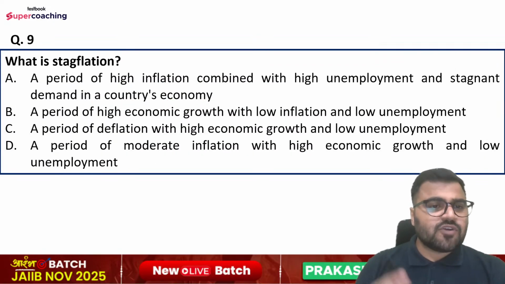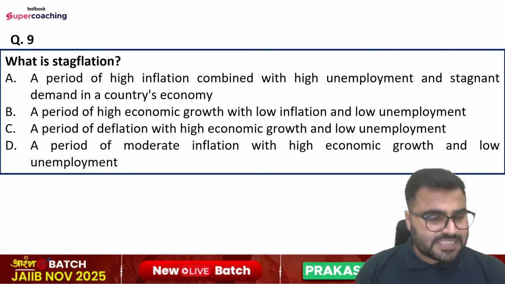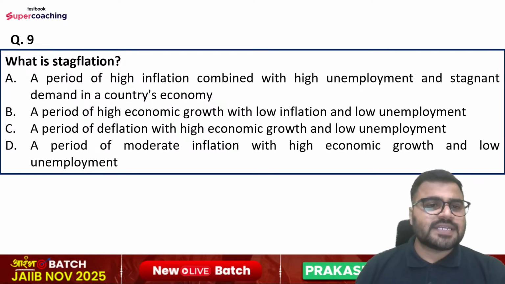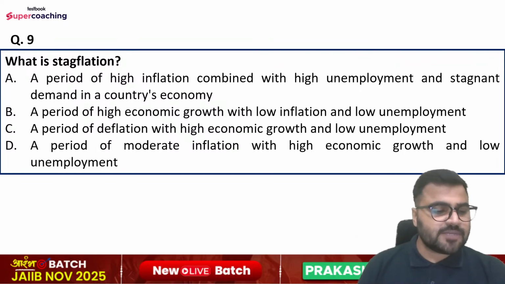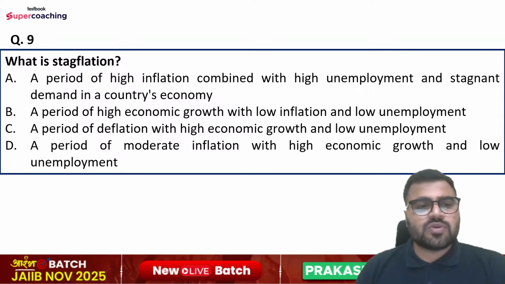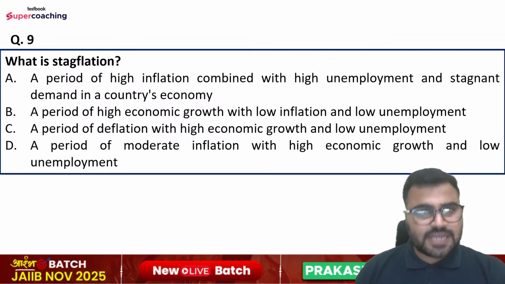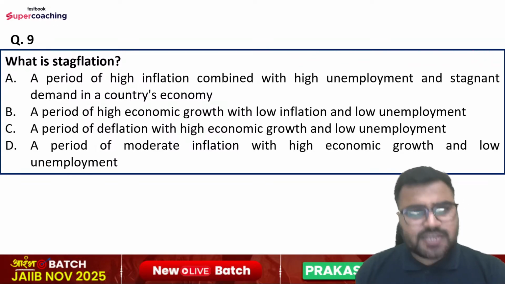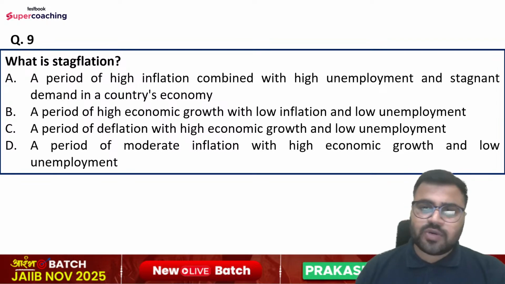Question number 9 is what is stagflation? Stagflation. So this is made up of 2 terms, stagnation and inflation. Got it? The mixture of which is known as stagflation. So options are a period of high inflation combined with high unemployment and stagnant demand in a country's economy, a period of high economic growth with low inflation and low unemployment, a period of deflation with high economic growth and low unemployment, a period of moderate inflation with high economic growth and low unemployment.